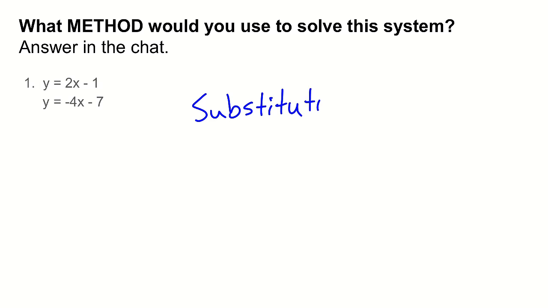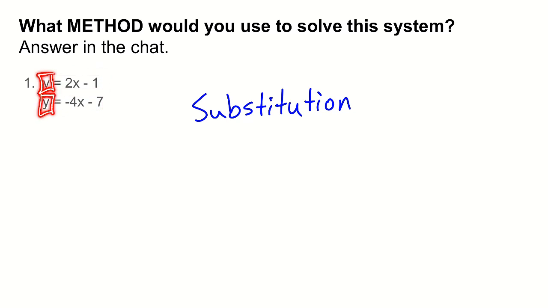Whenever at least one of the equations is solved for one of the variables, it doesn't matter which equation and it doesn't matter which variable. In this case, both of them are solved for the y variable.